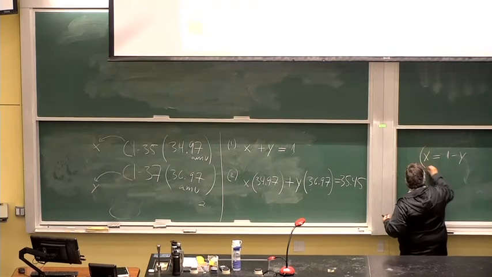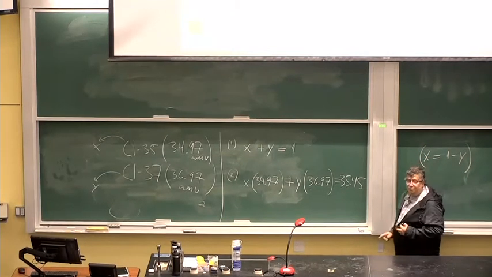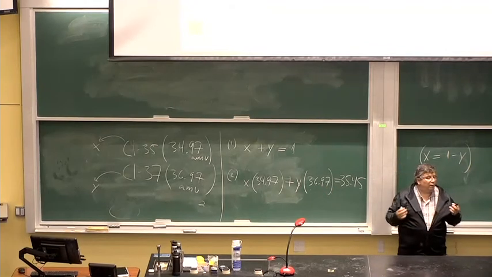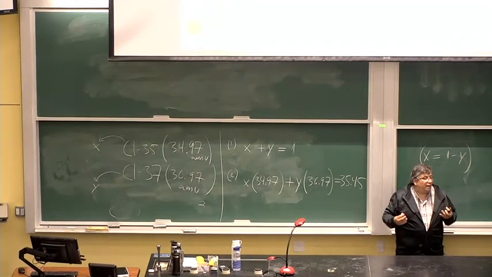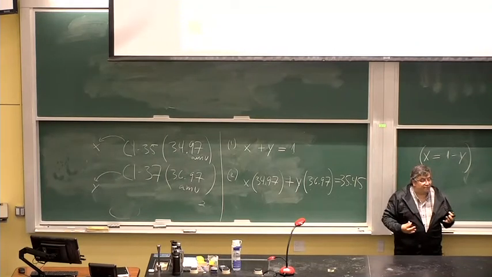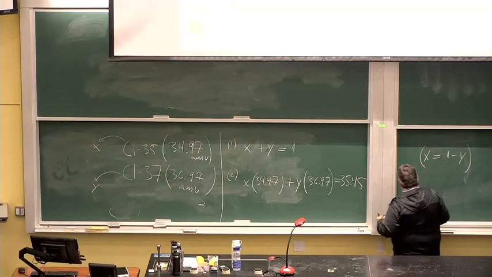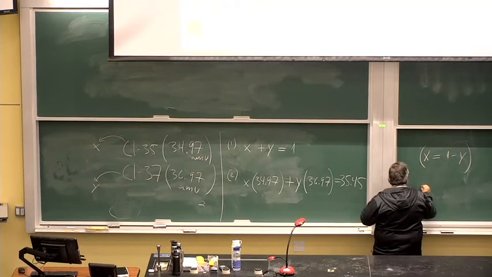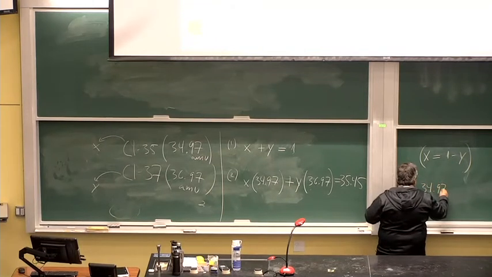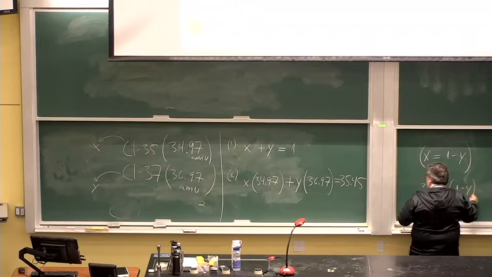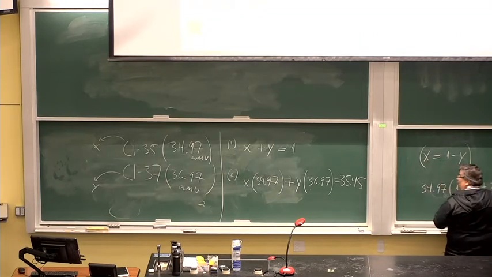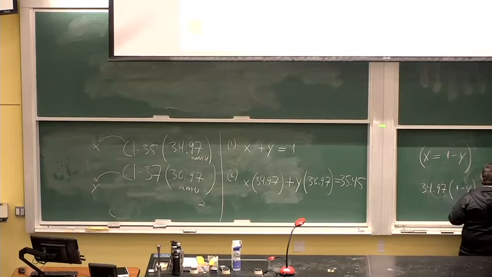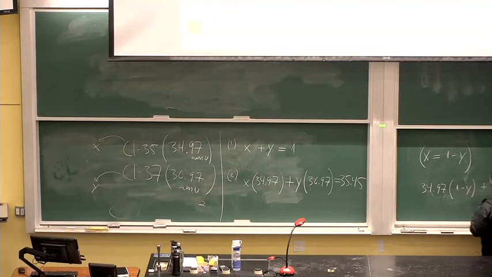So now we can use this in the second equation and have only one variable, in this case X or Y. So the idea is that we substitute X by 1 minus Y, so it will be 34.97 times (1 minus Y) plus 36.97 Y is equal to 35.45.